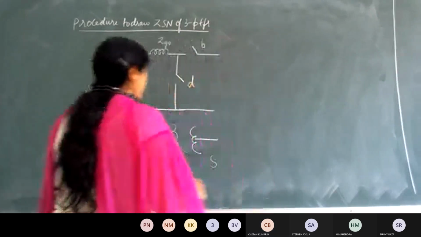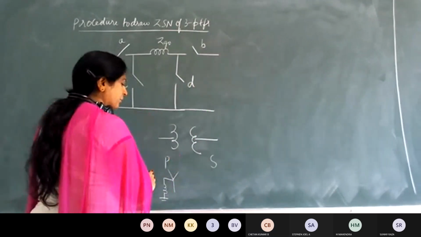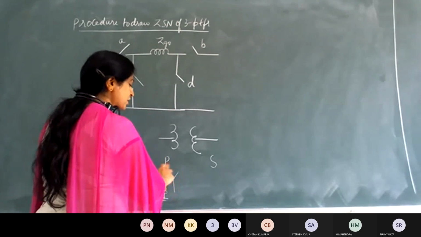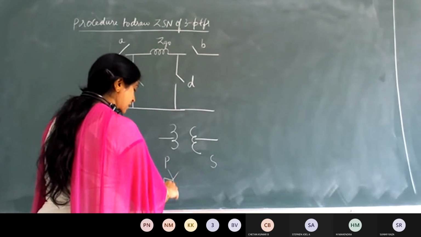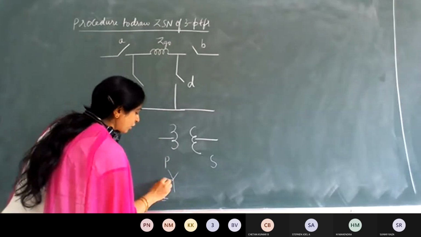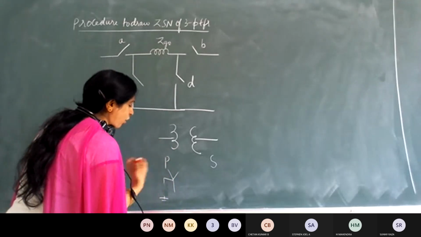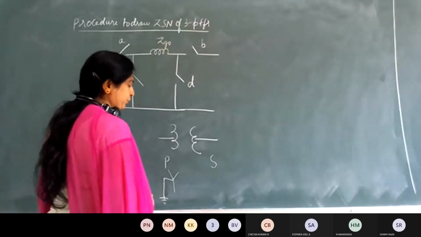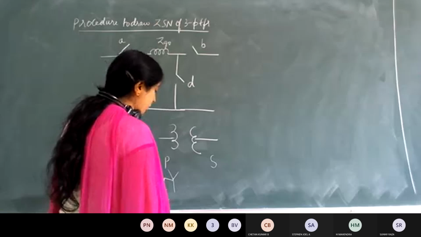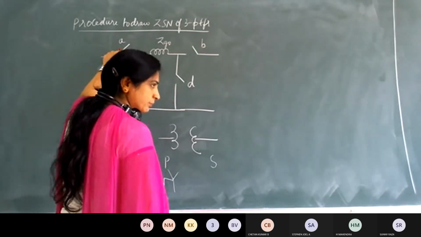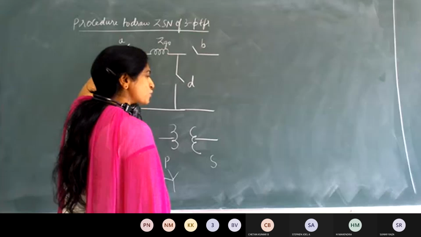On the primary side, remember carefully, if the type of configuration is star with the neutral grounded, not with the reactor, or if it is grounded with the reactor or directly grounded, whatever it is, but if the neutral is grounded, then the switch A has to be closed. The switch A has to be closed.